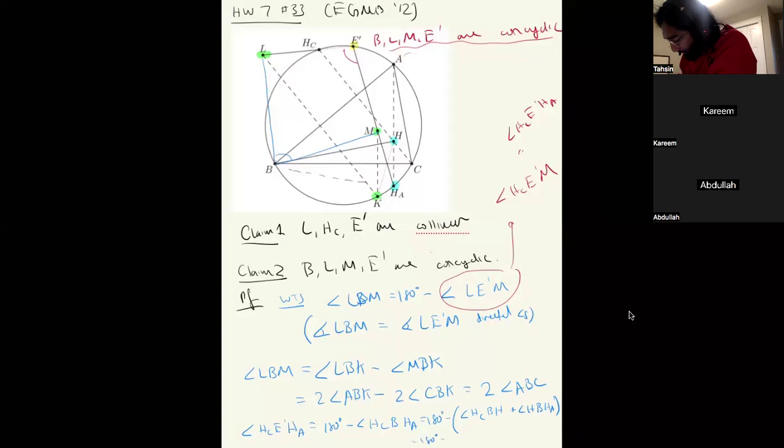This is 180 degrees minus twice ABH plus twice HBC. Okay, and then we're done, right? Because those two angles add up to angle ABC. So does it make sense? Yes.